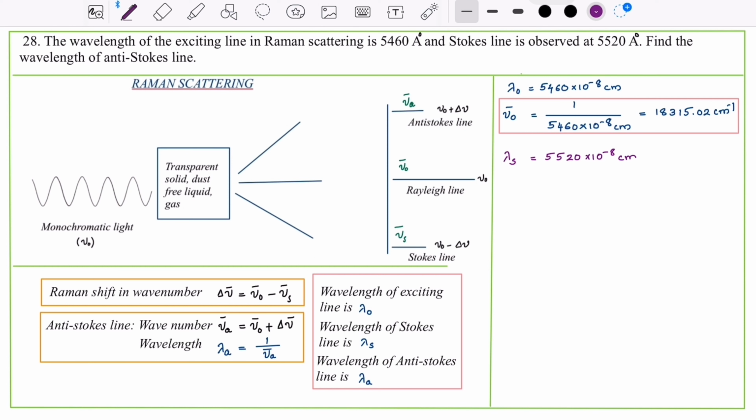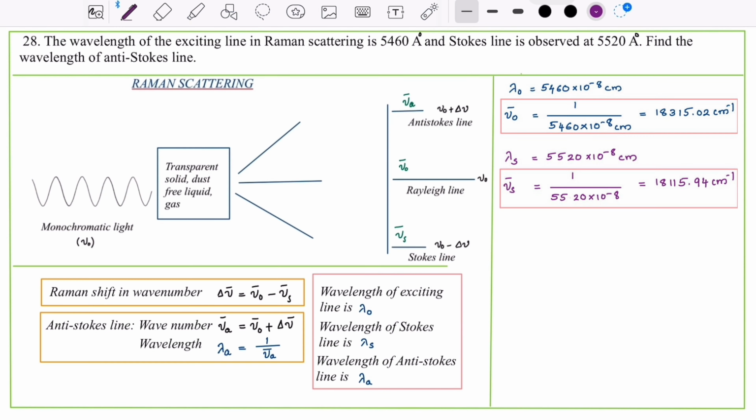Now the wave number corresponding to the Stokes line is nu s bar, that is 1 by lambda s, that is 1 by 5520 into 10 raised to minus 8, that is 18115.94 centimeter inverse. This is the wave number corresponding to the Stokes line.